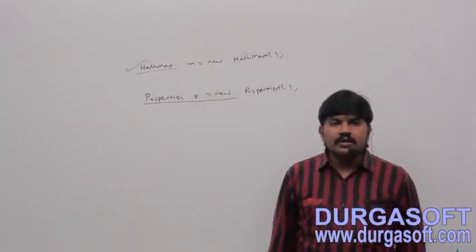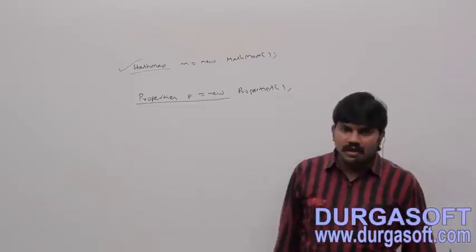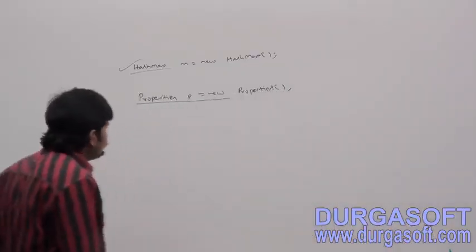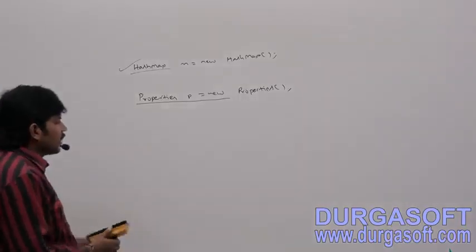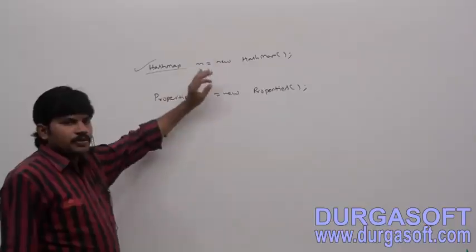Should be string type. Key and value should be string type. That's all. Completed, right? So make sure you are aware.